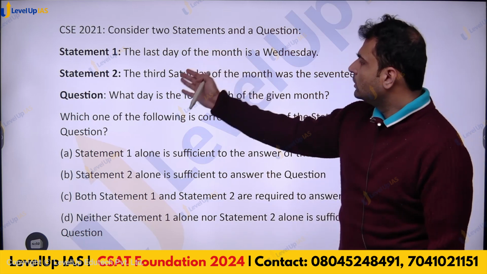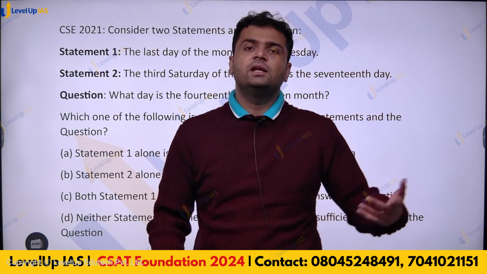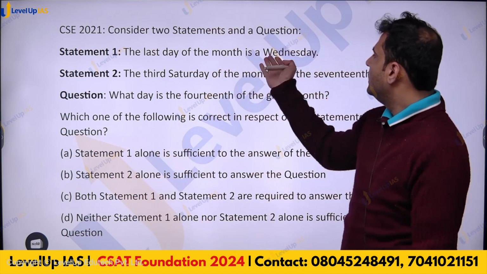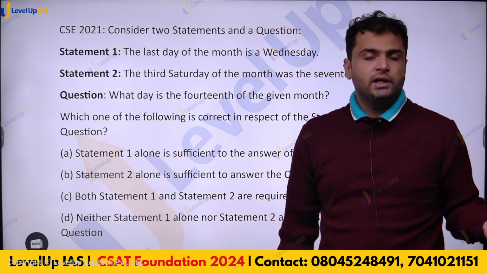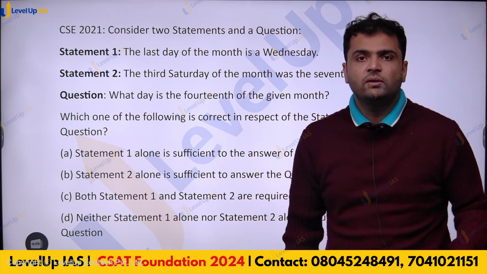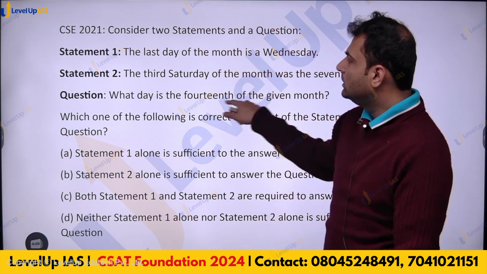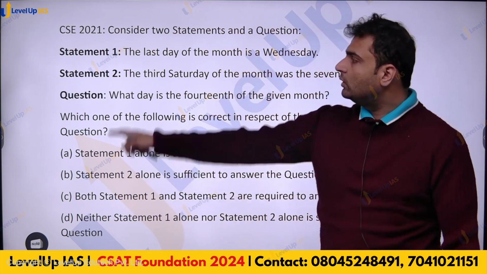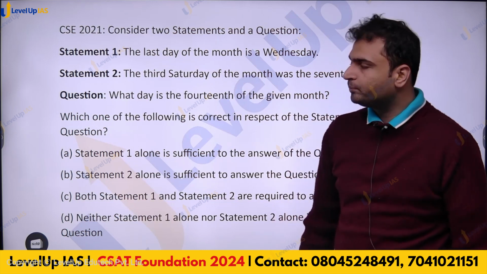So answer to this question depends on how many days are there in the month, and accordingly what is the last day of the month. Is it a 28-day month, 30-day month, 29-day month or 31-day month? It depends on how many days are there in this particular month. What is the answer to this question? So the statement 1 alone is not enough to solve this question clearly.